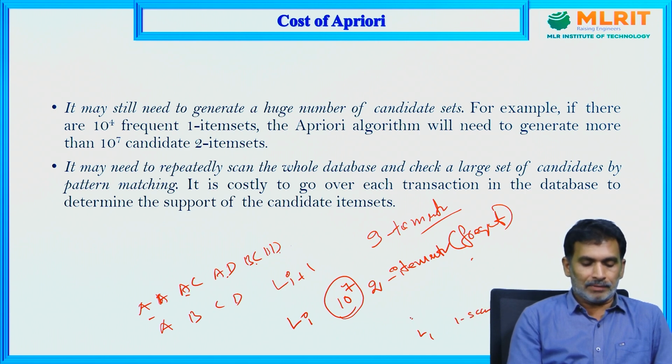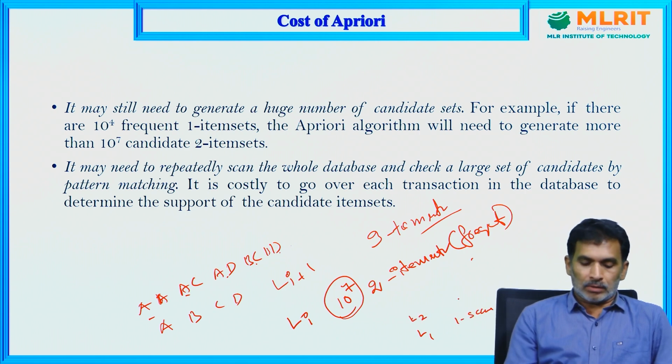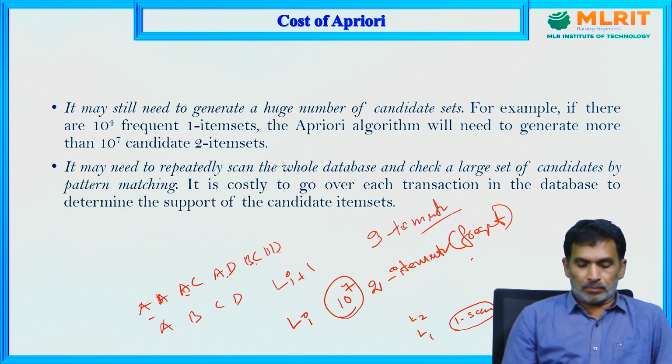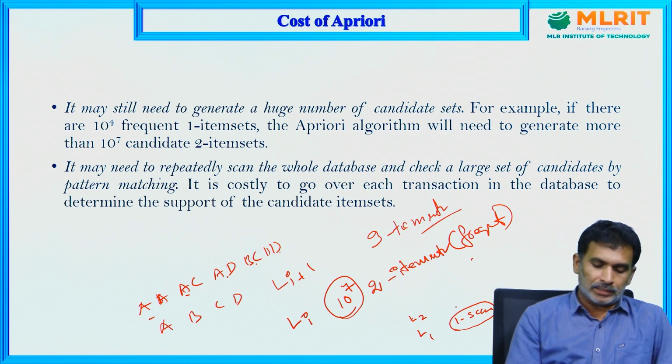Next, the second level, L2. Now we have found the frequency of one item sets at level 1. Then we have to check based on the minimum support. If there are many frequent item sets, then we have to generate the candidate item sets from these frequent item sets.